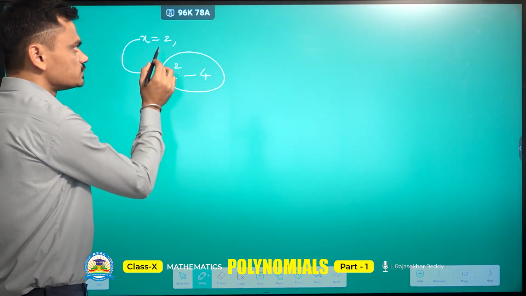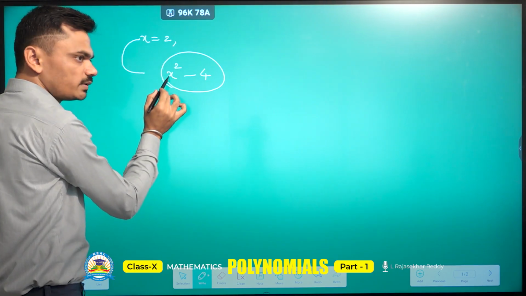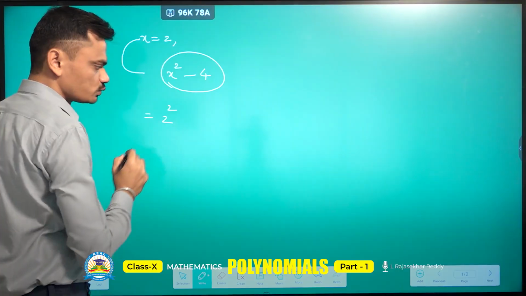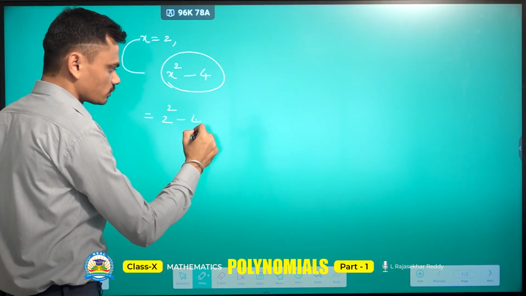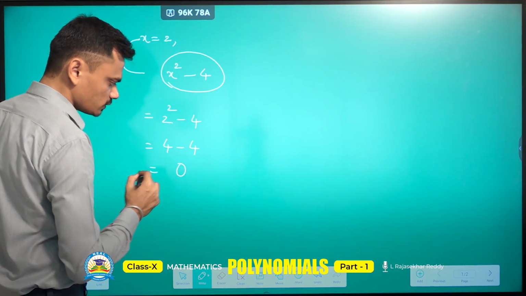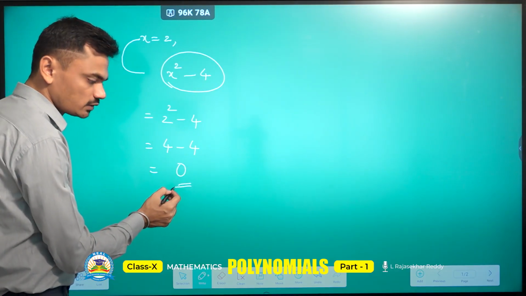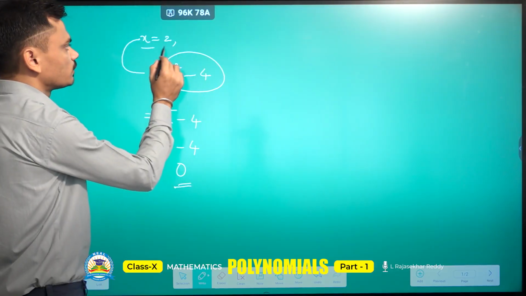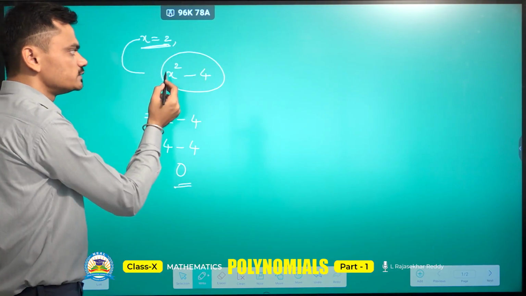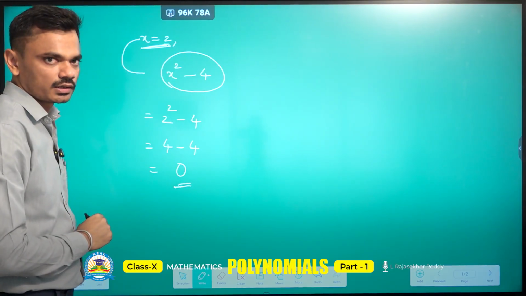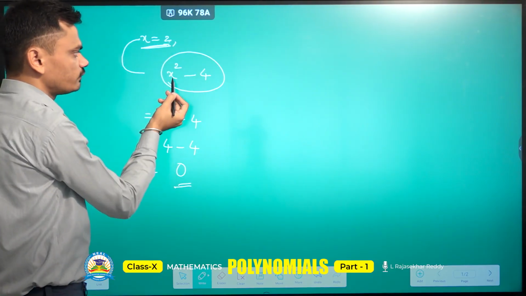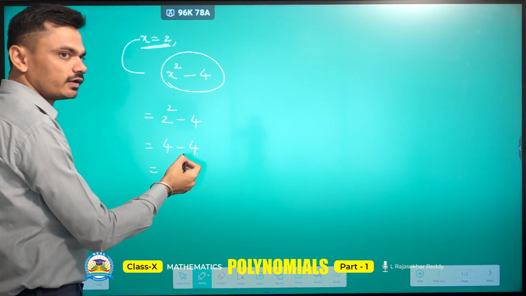Now simple, if you substitute your x value 2 in place of x, it becomes 2 square minus 4, so 4 minus 4. Now we are getting the result 0. If you get the result 0, then x equal to 2 is a solution of this polynomial, or x equal to 2 is a 0 of this polynomial.